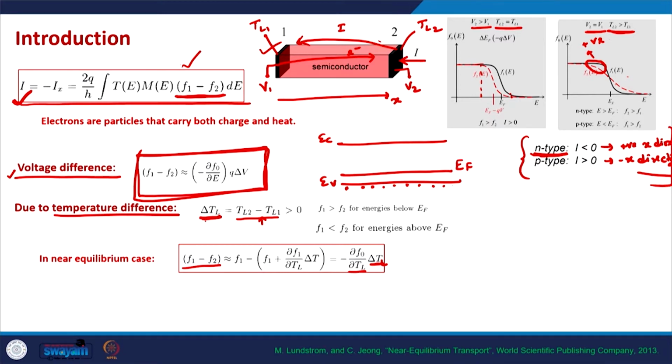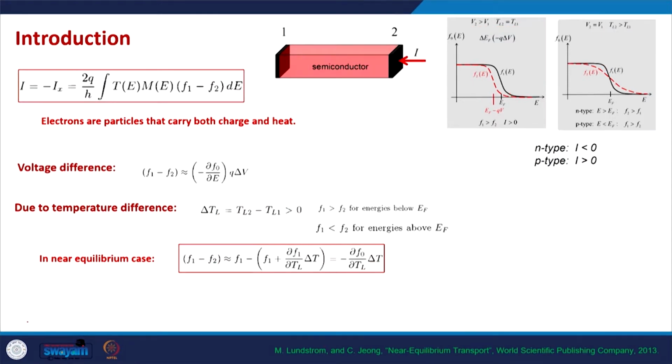And this is very important, because let us say we have an unknown piece of semiconductor, and we do not know whether it is p-type or n-type. In that case, what we need to do is heat one side.